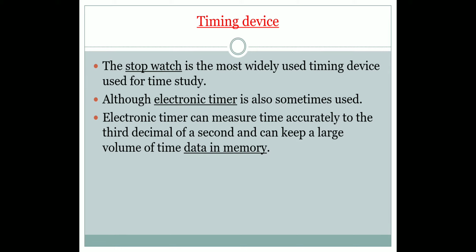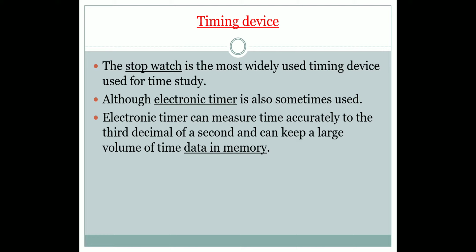Timing device is also called the stopwatch method. The stopwatch is the most widely used timing device for time study, a measuring instrument to observe elemental timing, and usually a decimal watch is used.